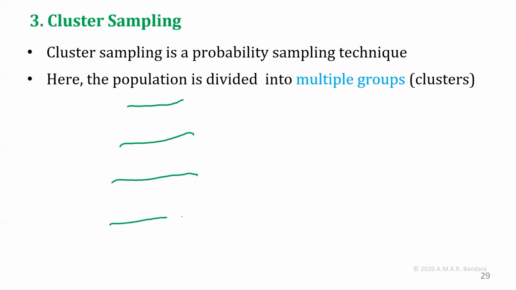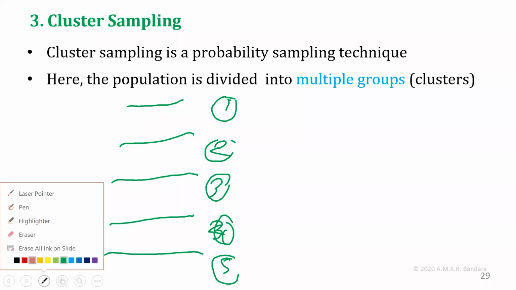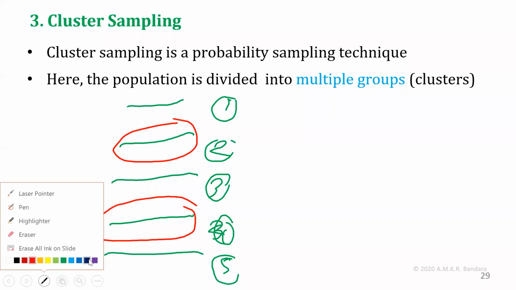Then what I can do is number these rows and randomly select 2-3 rows. Assume I selected this row and this row, and each individual in that row will be investigated.